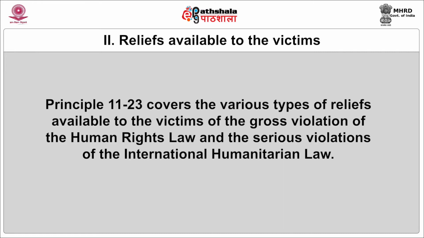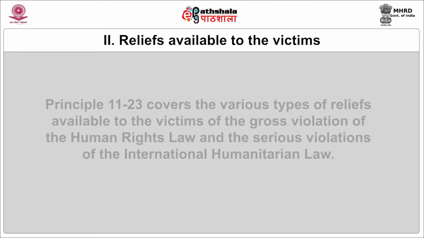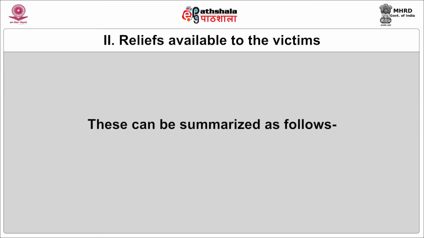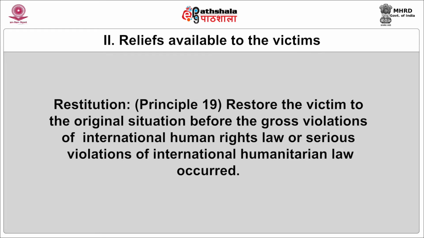Principles 11 to 23 cover the various types of relief available to the victims of gross violations of human rights law and serious violations of international humanitarian law. These can be summarized as follows. Restitution, Principle 19: restore the victim to the original situation before the gross violation of international human rights law or serious violation of international humanitarian law occurred.